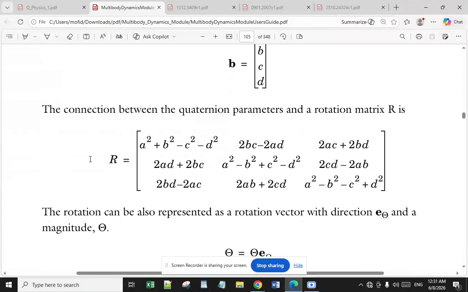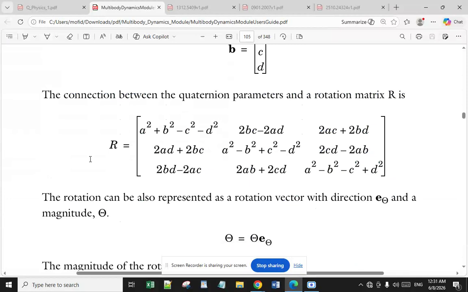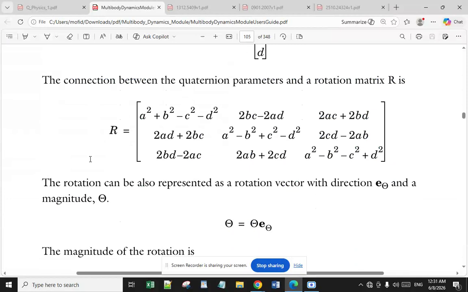The connection between the quaternion parameters and the rotation matrix R is as follows. The first row of the matrix is a squared plus b squared minus c squared minus d squared, then 2bc minus 2ad, then 2ac plus 2bd.